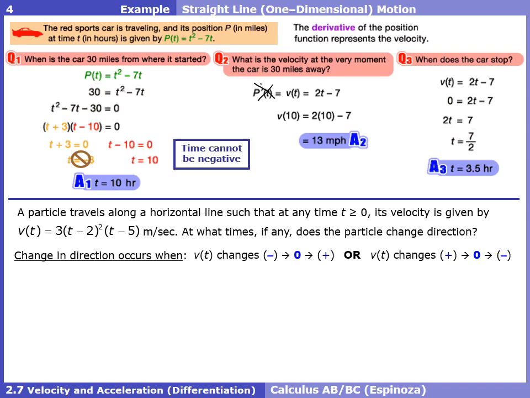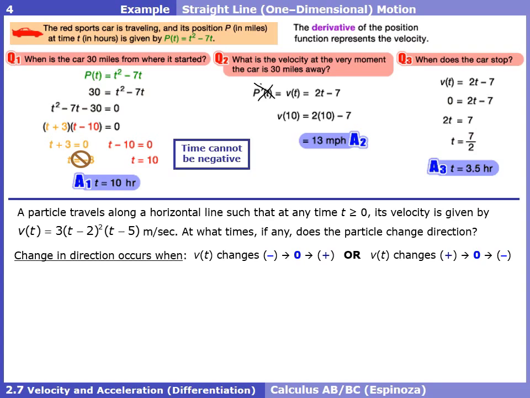So that's a very important idea. If we want to find when a change of direction occurs, velocity is going to have to change from a negative to a positive, but in between it's got to stop. If velocity changes from positive to negative, and in between it stops or is 0, we know there was a change in direction.